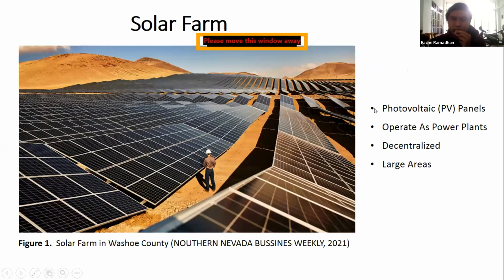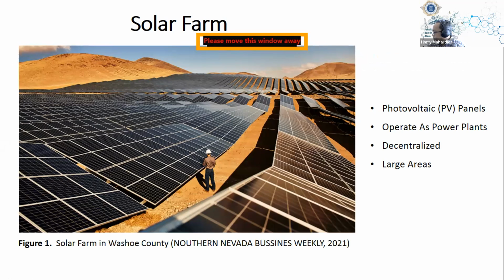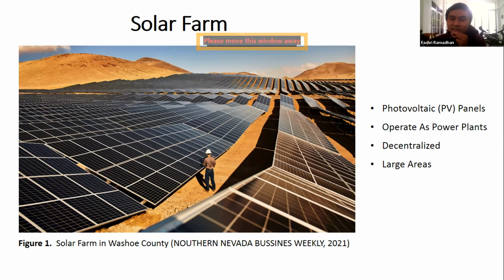A solar farm is a large collective of photovoltaic solar panels that absorb energy from the sun, convert it into electricity, and send that electricity to the power grid for distribution and consumption by customers like us.